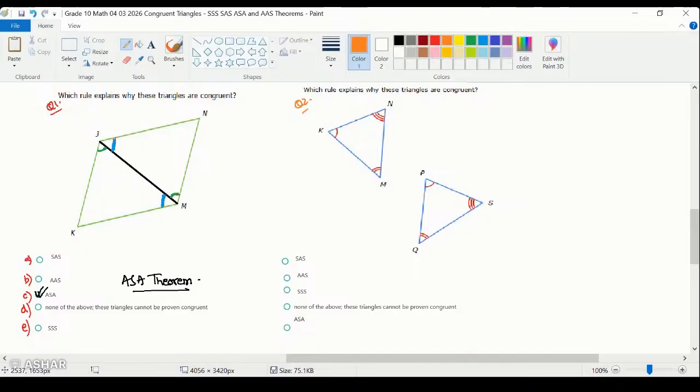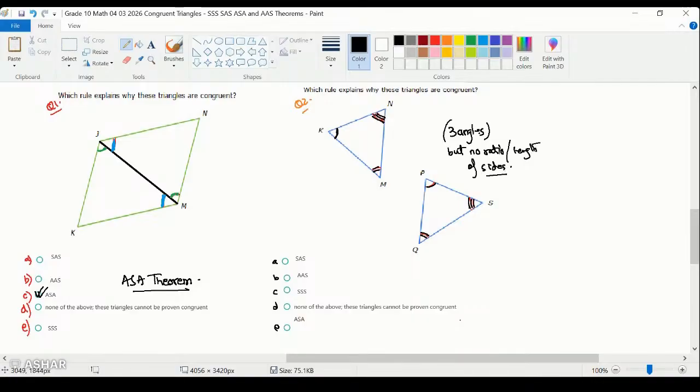See, we are given one angle, this is equal, right? Options A, B, C, D, and E. We have another pair of angles that is equal, and the third pair of angles were equal. So three angles are given, but no ratio or length of sides are given.